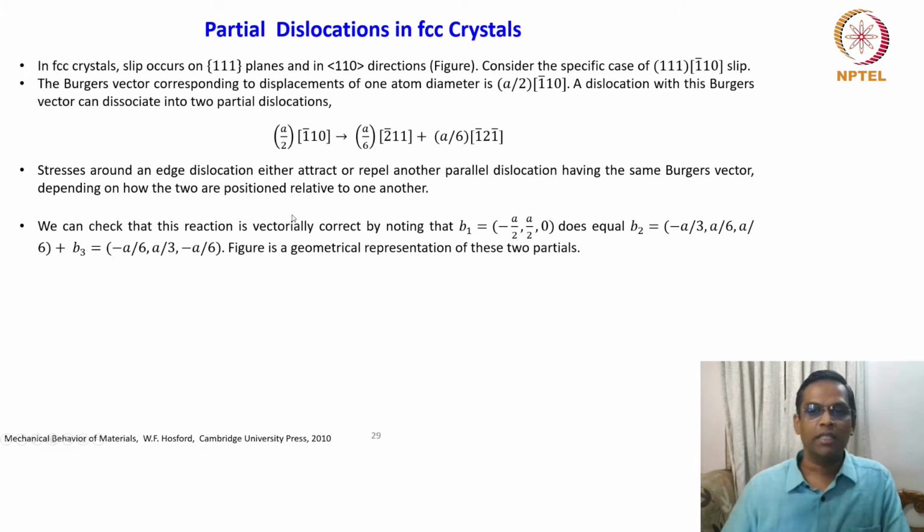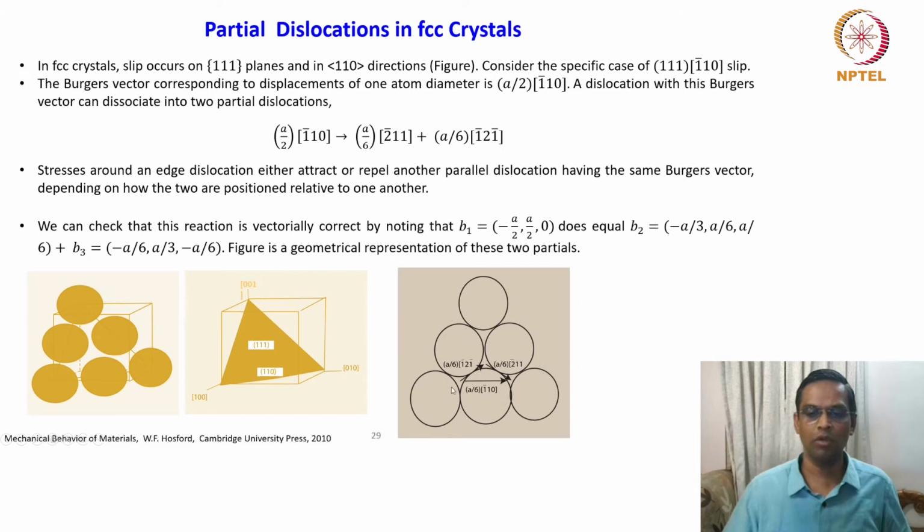So we can check this reaction vectorially by noting that b1 has these coordinates and equals b2 and b3, and that is what is shown here, the dissociation.